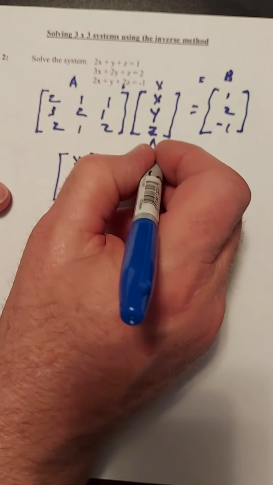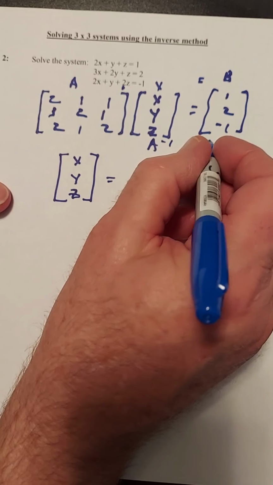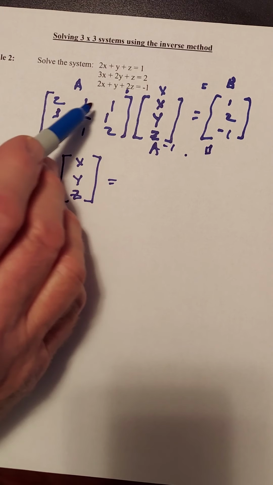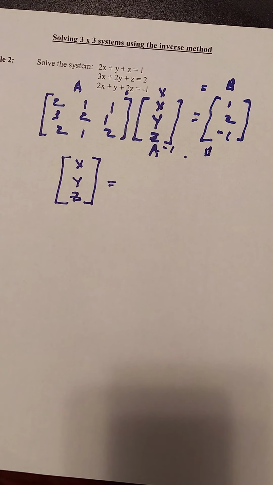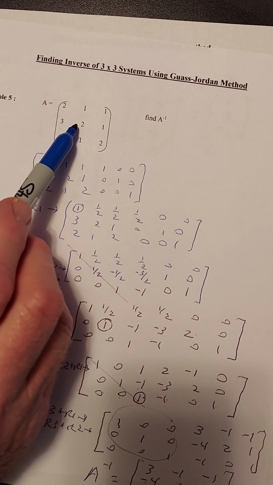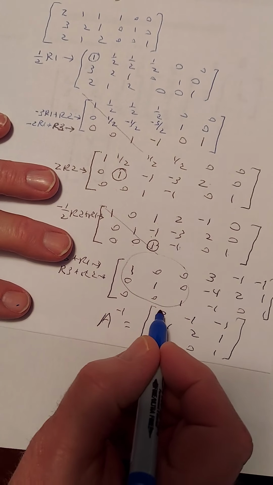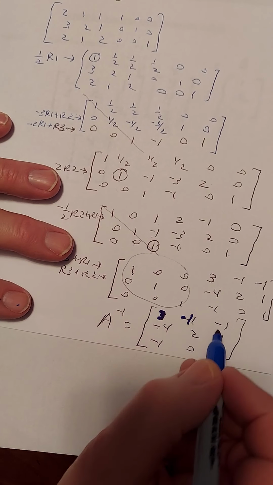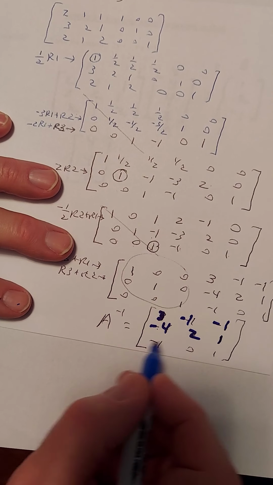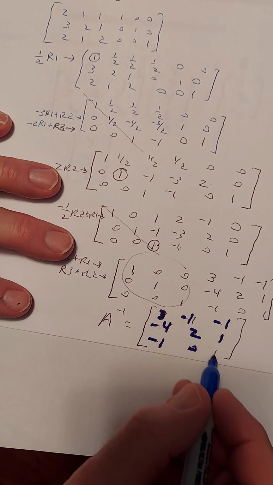That will be equal to the inverse times B. All I got to do is find the inverse of this thing here, which on the previous page just happened to be the same matrix. So down here, I found that inverse to be 3, negative 1, negative 1, negative 4, 2, 1, negative 1, 0, 1.